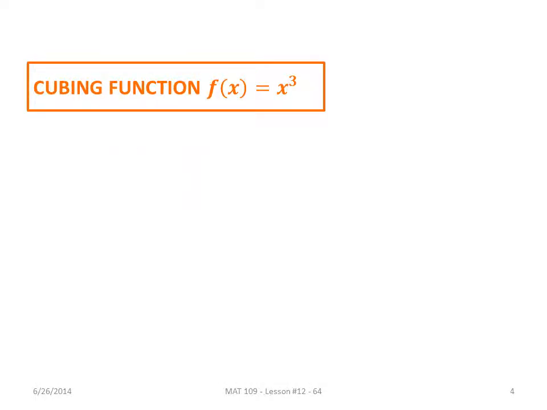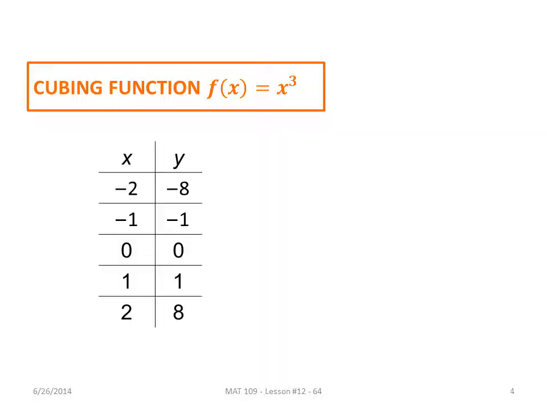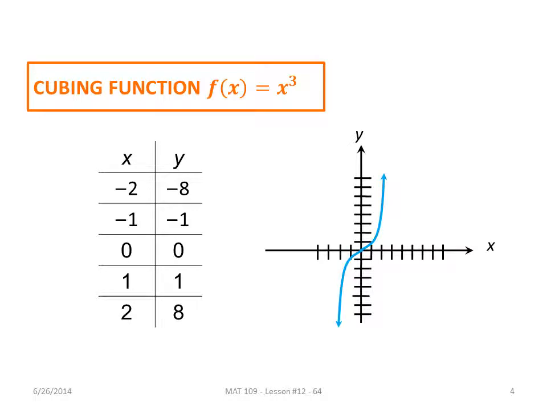Next we have the cube, which is f of x equals x cubed. In an xy table, if you graph that, it has a distinctive S shape. A couple of points about this. For the basic shape, it goes through the origin, because if you plug in x equals 0, you get y equals 0.